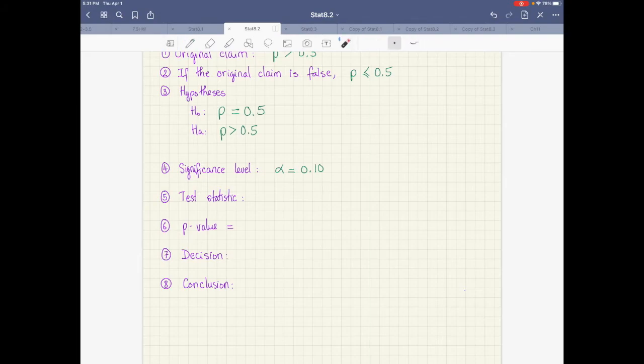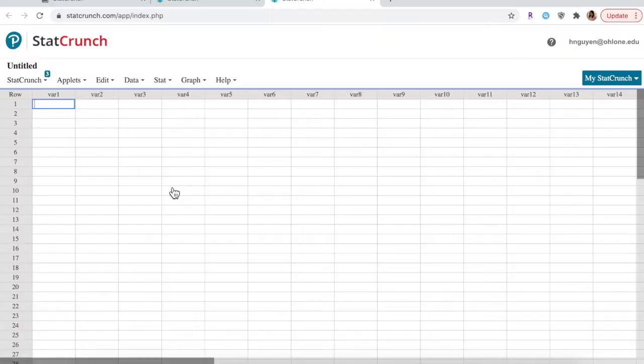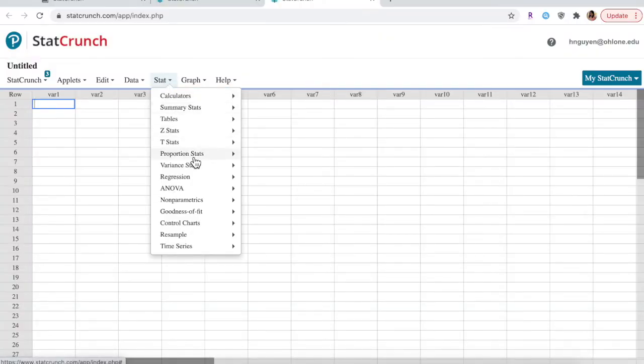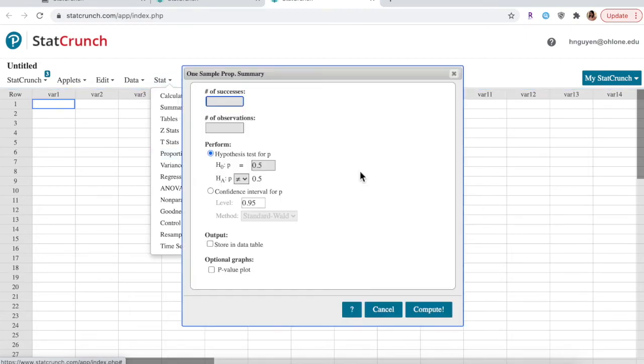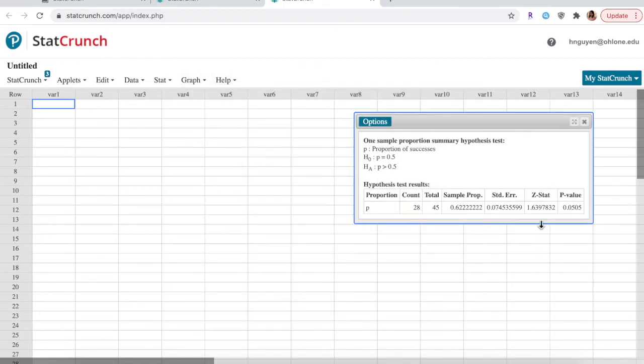I am going to use StatCrunch for my test statistic and the p-value. Stat, proportion stats, one sample with summary. X is 28, n is 45. P is 0.5, and we are choosing greater than. This is my test statistic, and this is my p-value.